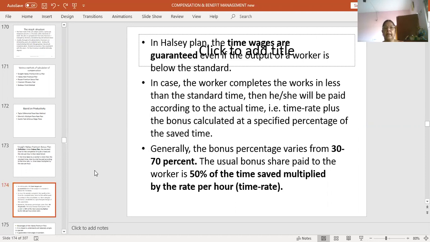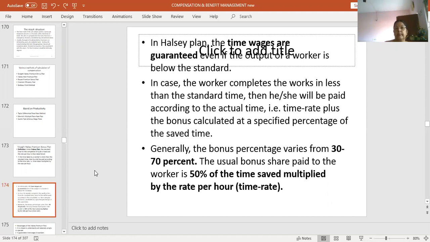Then he will be paid for the 8 hours at the actual rate, plus a bonus will be given. Bonus is calculated by the percentage of time that he has saved into the rate per hour. So like that he will get a bonus.